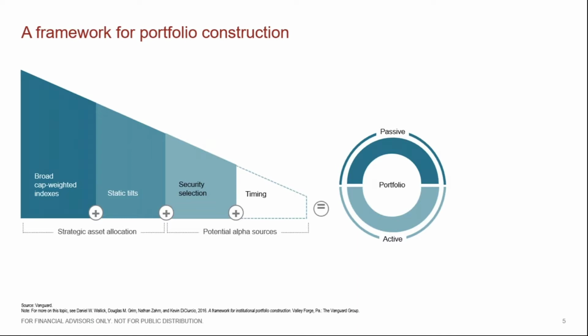Broad cap weight indices are usually the least expensive way to invest. Using factor products or style index products, which we'll talk more about in a little bit, can give you a strategic tilt in your portfolio without spending too much on fees. If you want traditional active management, you generally have to pay a little bit more, because now you have folks trying to pick better securities.